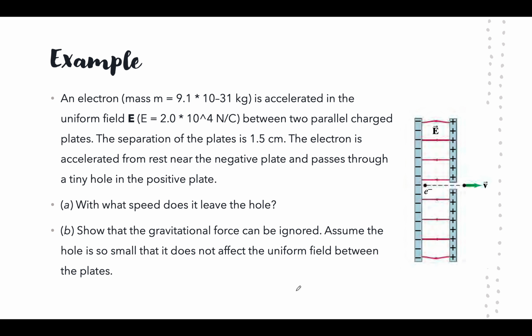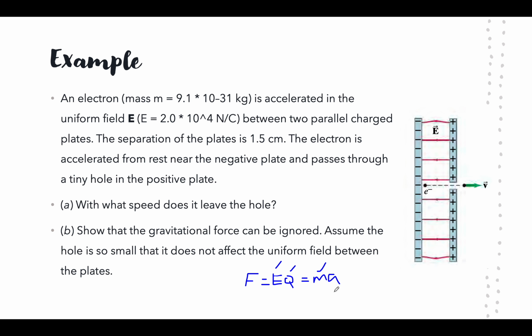To find the acceleration, we need to find the force. To find the force, we need to remember that force is equal to E times Q, right? Electric field times charge. We know this magnitude, we know this magnitude. This is also equal to ma. We know the mass as well, so we are going to be able to solve for acceleration.